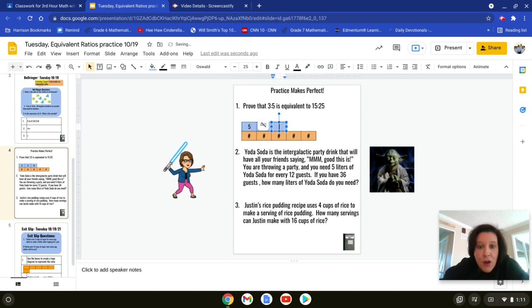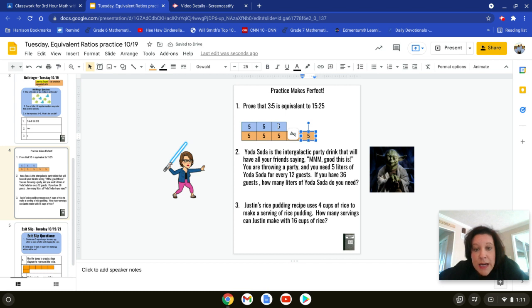And if 5 goes in all of those boxes, we know that 5 has to go in all of the boxes. Why? Because they're equivalent. If that's going on in this box, it's got to come down here in these boxes down at the bottom. Okay? So 5, this takes me a minute because I'm holding slow. 5 and 5.